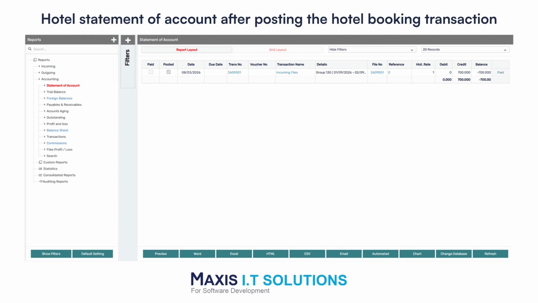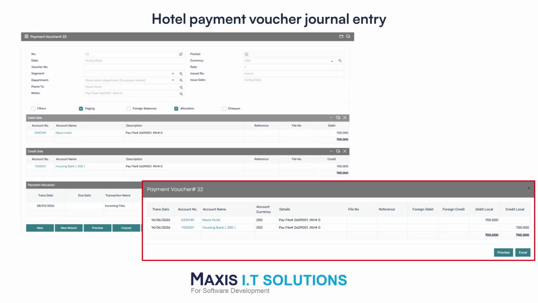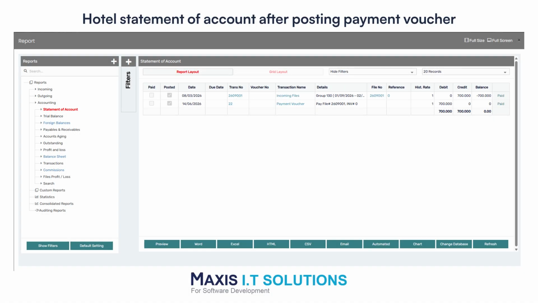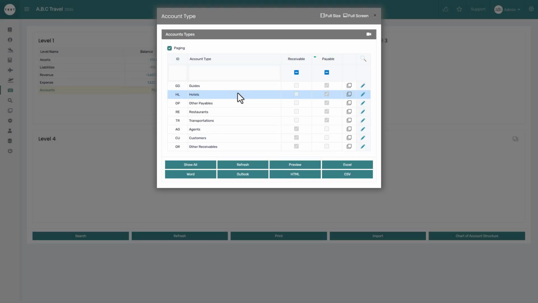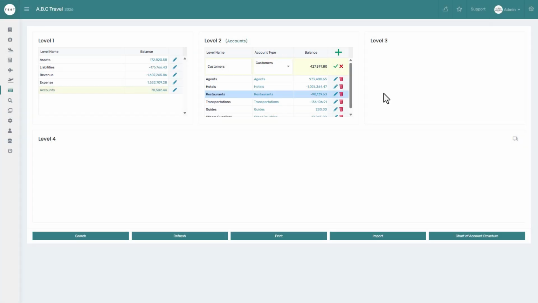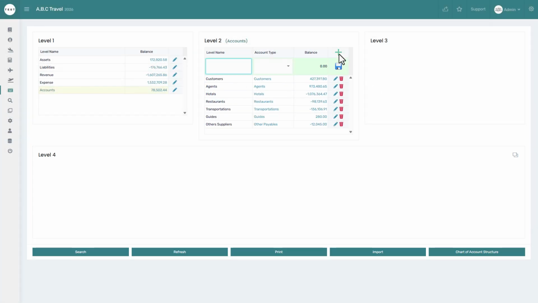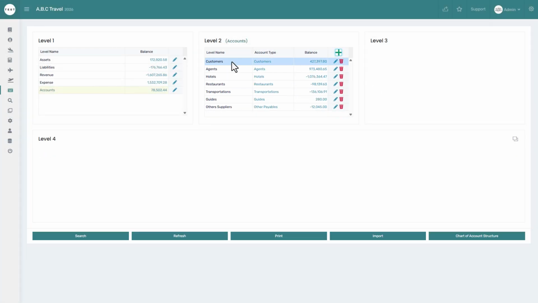Later, when we pay the hotel, we create a payment voucher. This reduces the hotel payable balance. So hotels, restaurants, transportation companies, guides, and other suppliers are usually payable account types. They appear in accounts payable reports. They are used in payment vouchers, and they represent amounts the company expects to pay.